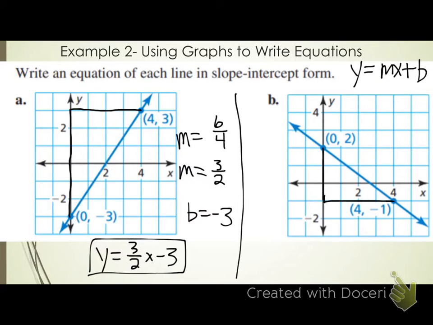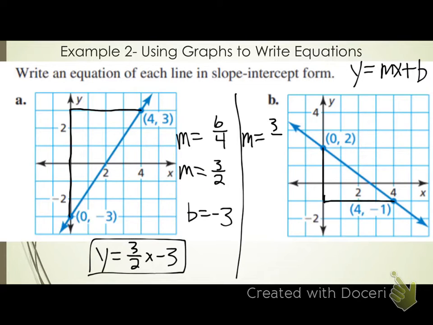Everyone okay drawing the triangle between the 2 points? Raise your hand if you can tell me the height of my triangle here, the rise. 3. Then, raise your hand if you can tell me the run, the width of my triangle. 4.